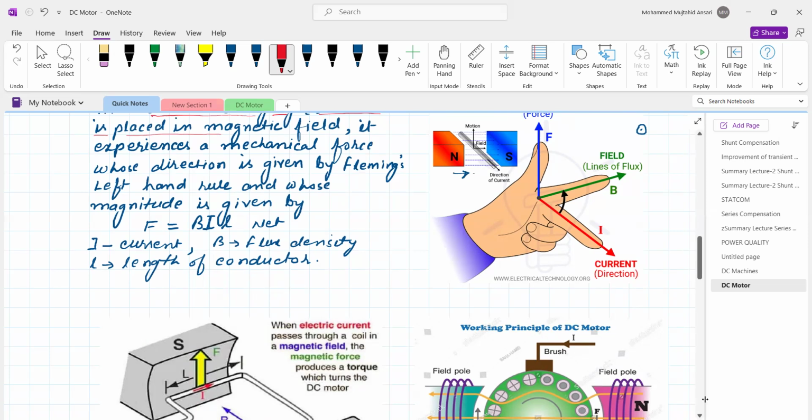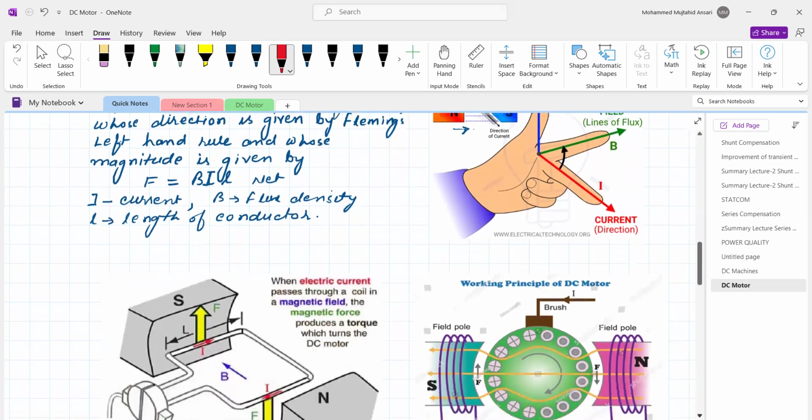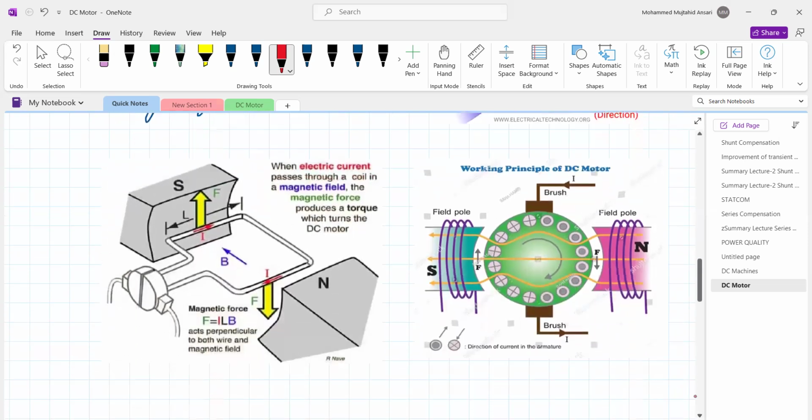So see here in the second diagram, again this is the north pole and this is the south pole. Therefore the flux direction is from north to south. This is the direction of flux. This is the direction of current in the conductor. What will happen?